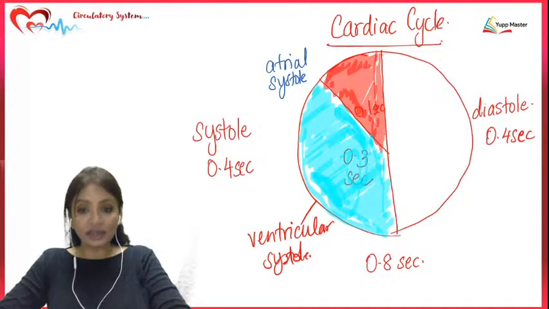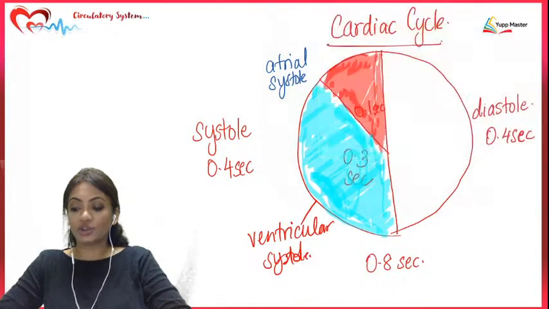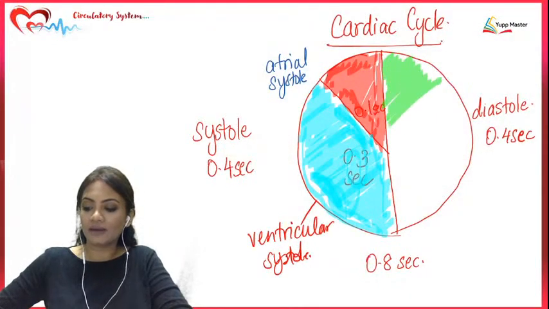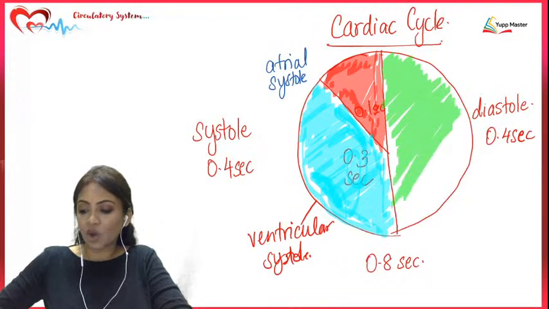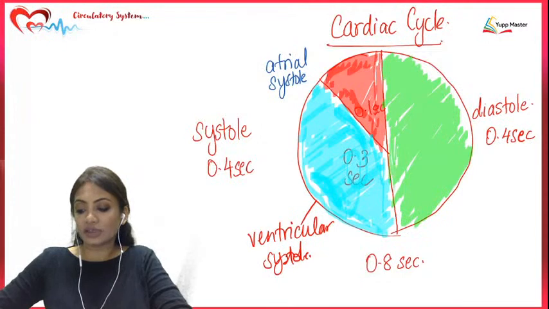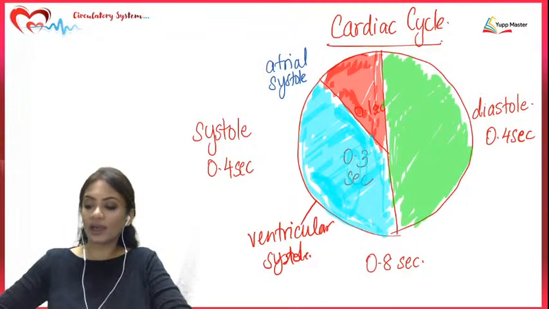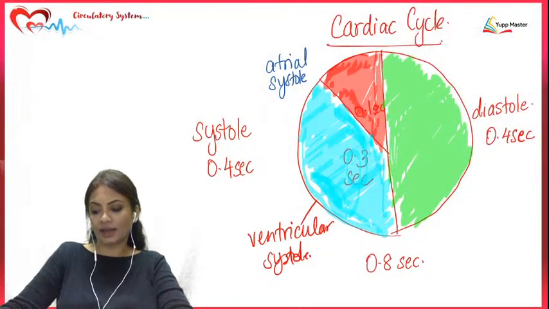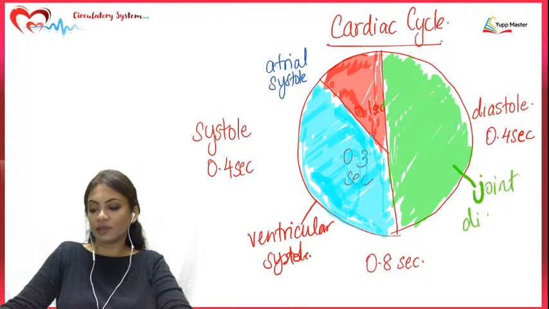The third event would be that of the joint diastole, which is happening here. Completely, these are all relaxation activities, lasting for 0.4 seconds, and this is the part where the heart is relaxing. So this is also called joint diastole.